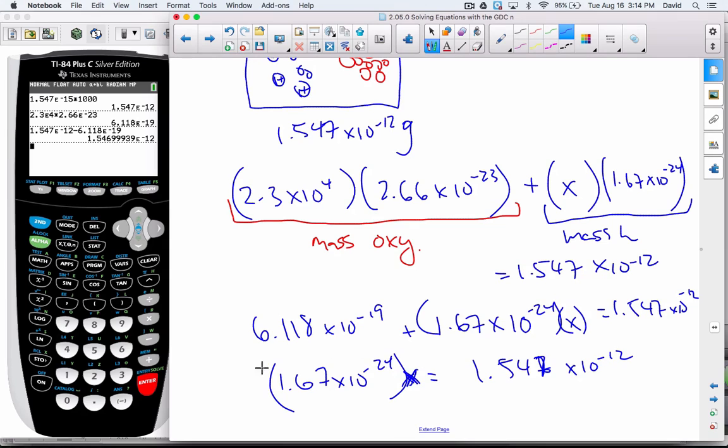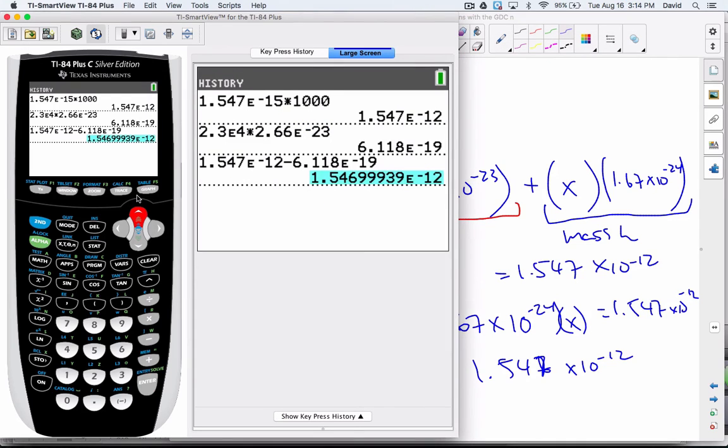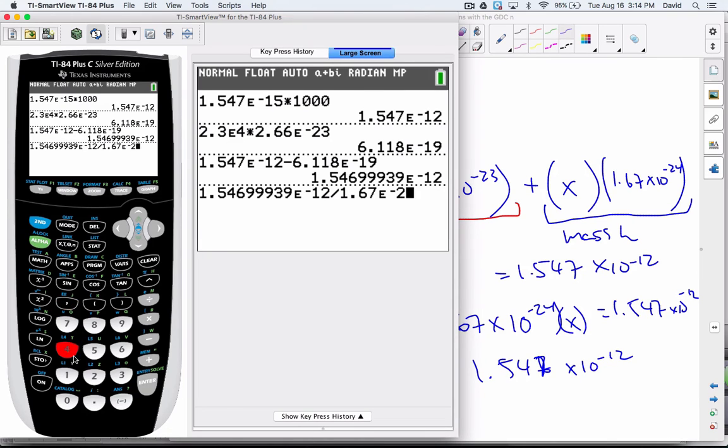Algebra says I have to divide by this number in front. And so I'm going to take this value here, call it back by toggling up, and divide it by 1.67 times 10 to the negative 24.